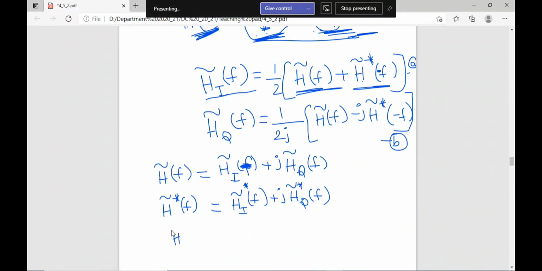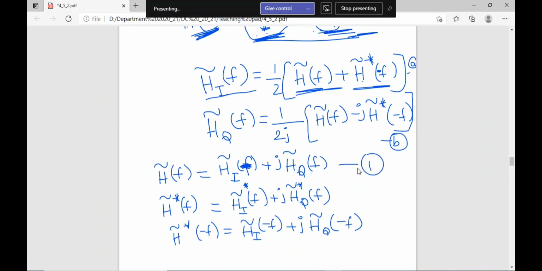Okay, so now I want it to be equal to hi tilde of minus f. Minus f. I don't want it for plus f, I want it for minus f. So I'm writing it as j hq tilde of minus f. This I'll take as equation 1 and this I'll take as equation 2.